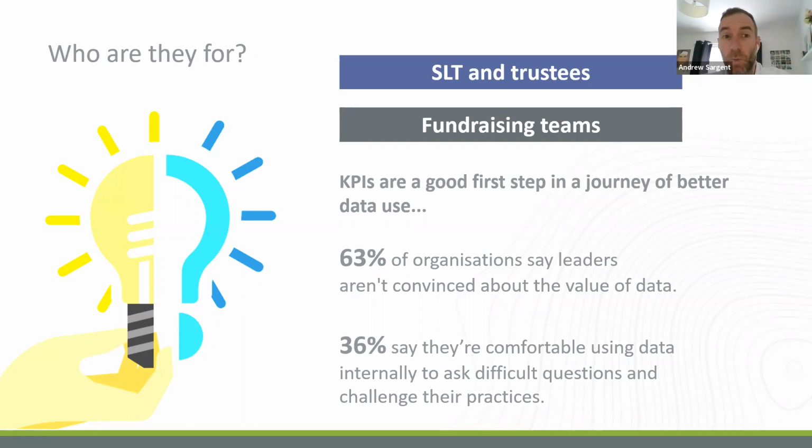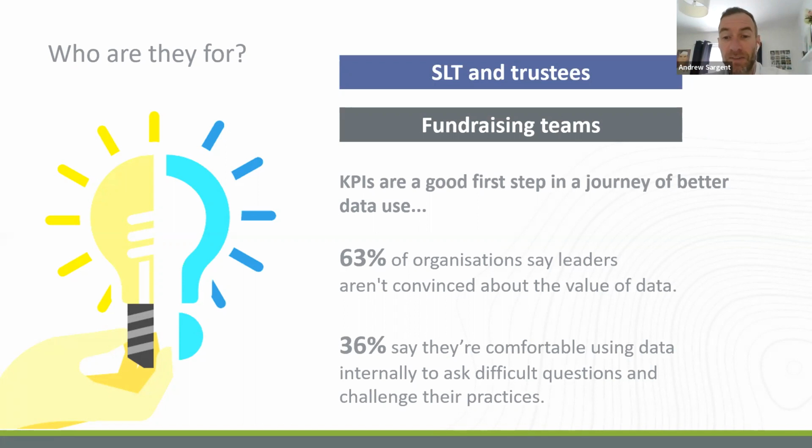Another thing to think about is what they're useful for, and that's that they can be a really good first step in using data more. These are a couple of figures from a report that a company called Data Orchard ran, I think last year, on the state of data maturity across the UK charity sector. And a couple of worrying facts there, certainly from our point of view. 63% of organisations said that their charity leaders weren't convinced of the value of data.